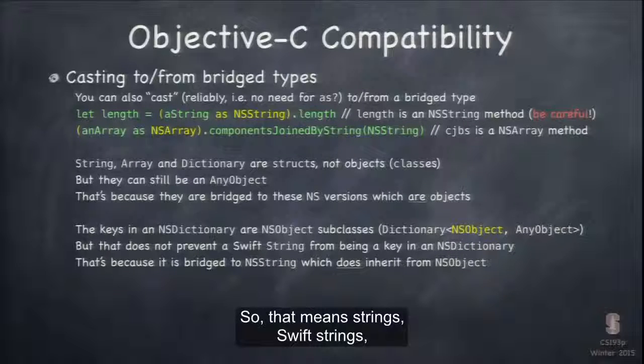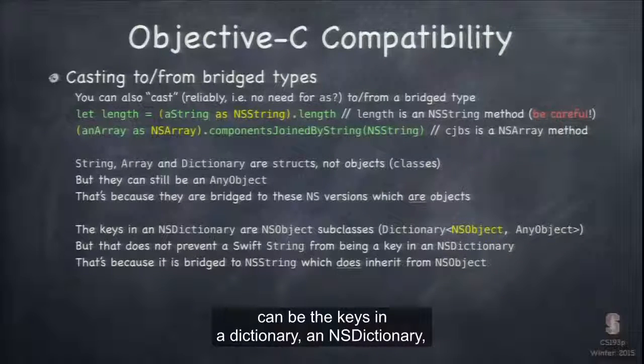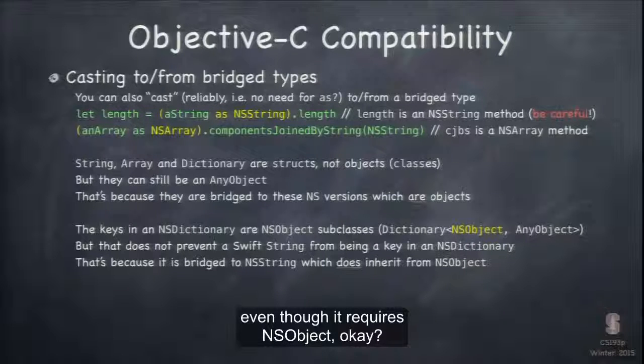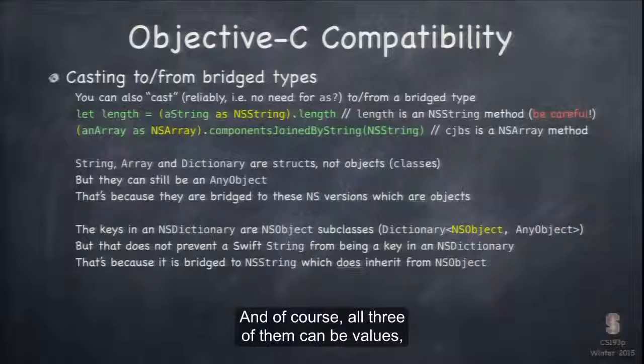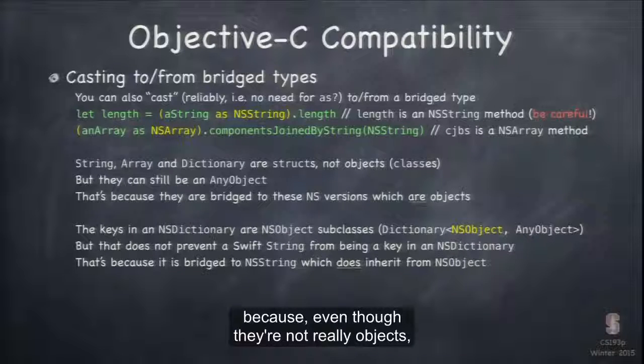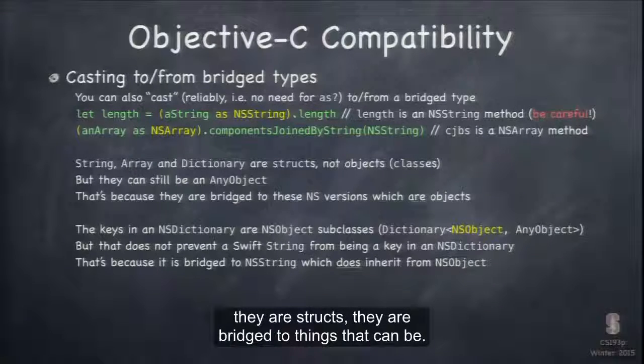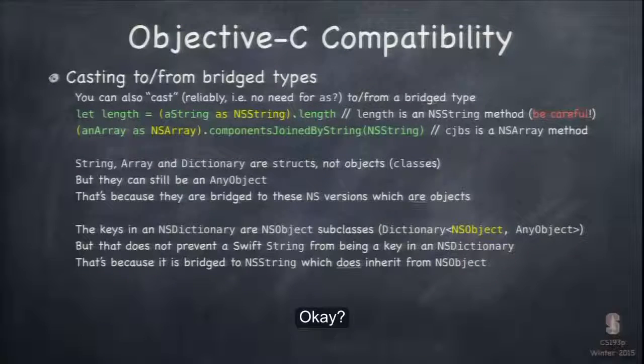So that means strings, Swift strings, can be the keys in an NSDictionary, even though it requires NSObject, okay? And of course, all three of them can be the values, because even though they're not really objects, they are structs, they are bridged to things that can be, okay? So it is okay to pass a string or an array to AnyObject.